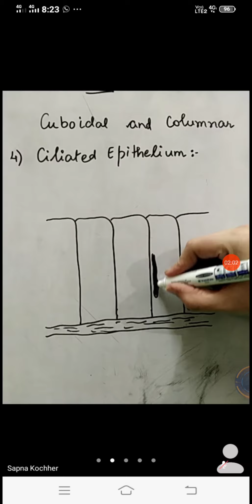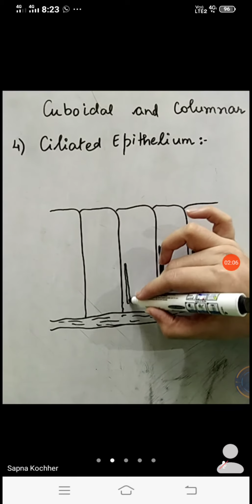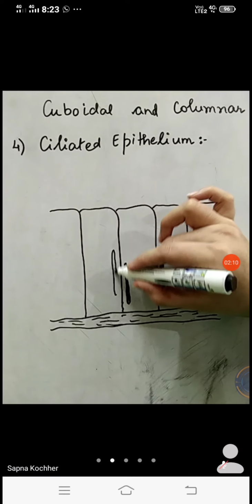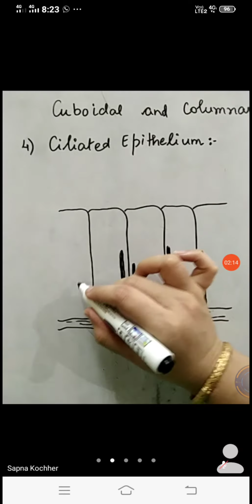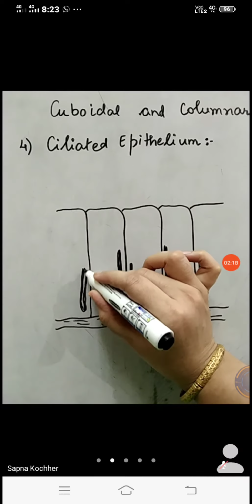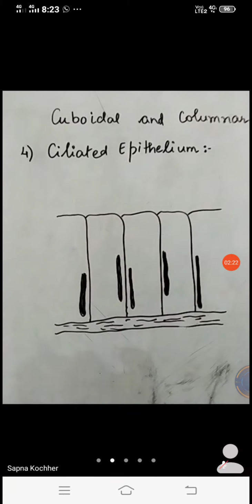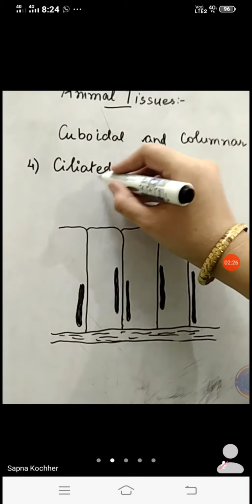At the surface, you do not have to make these nuclei for the column shaped cells. You can make it on either side, but make these as extended nuclei. So you can make it on either side of the cell like this, and also near to the base. It should not be near to the surface. So this is the nucleus, columnar epithelium, also ciliated now.